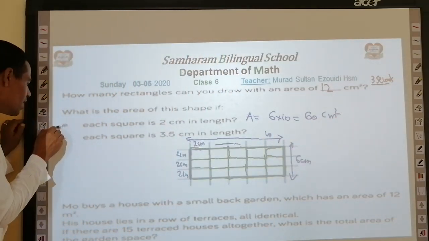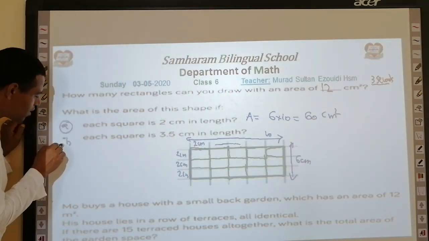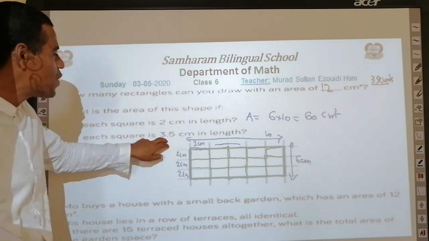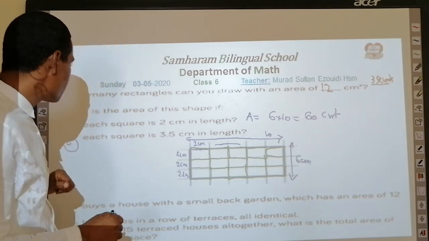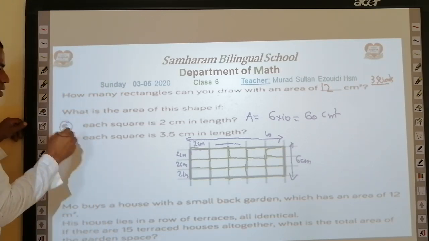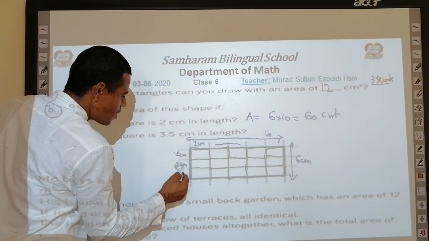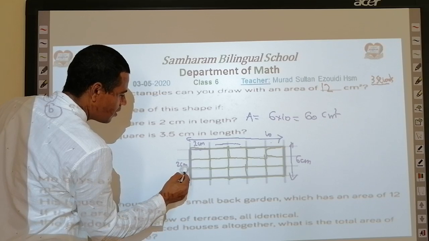This one I will label as small a, and this one small b. Each square is 3.5 centimeters in length.